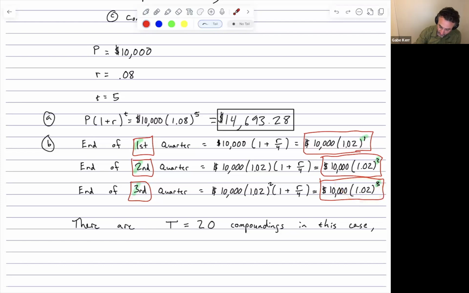So at the end of the 20th compounding, which is the last quarter, if you will, we will have 10,000 times 1.02 to the 20th. And this is the end of 5 years because there are 4 quarters in a year.